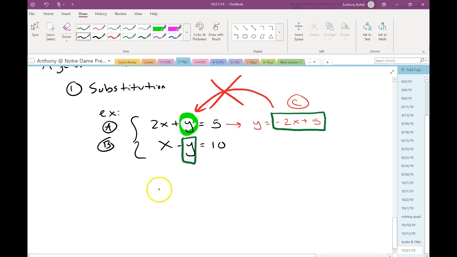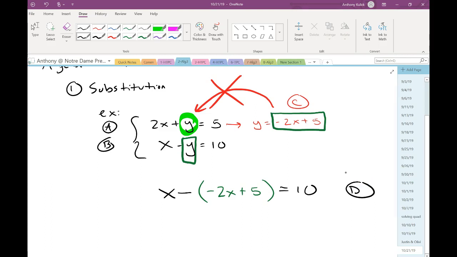All right. So when I do that substitution, I have x minus, and then in place of y, I'm going to write instead negative 2x plus 5, and then I have equals 10. I'm going to call that equation D. Notice now when you look at equation D, how many different kinds of variables do I have in here? Just one. I have just x's. This we can solve for.